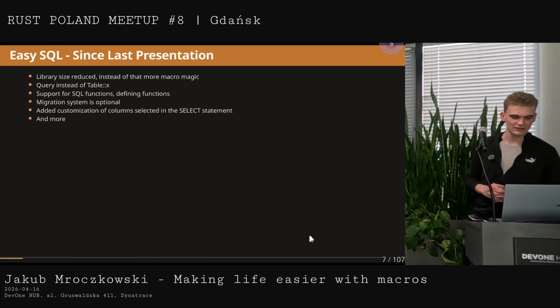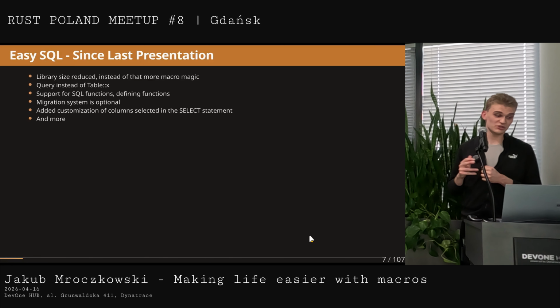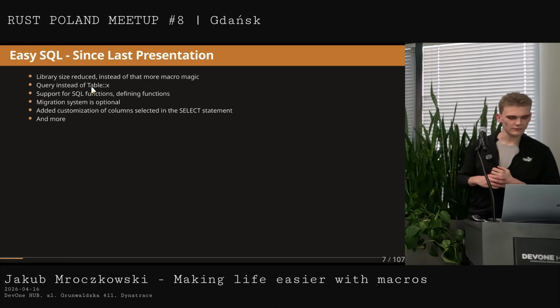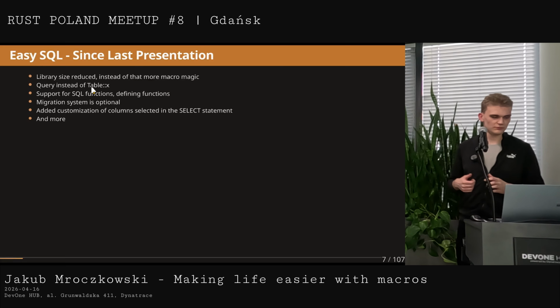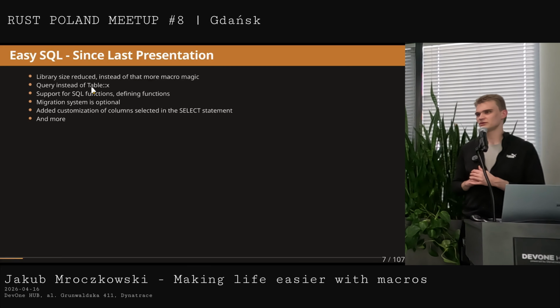And for those who were on the last presentation, you might have noticed that it looked a little bit different before. For example, we used those table insert, table select functions to operate on our table. Also before, we had a lot more structures, which with the new system are absolutely unneeded.